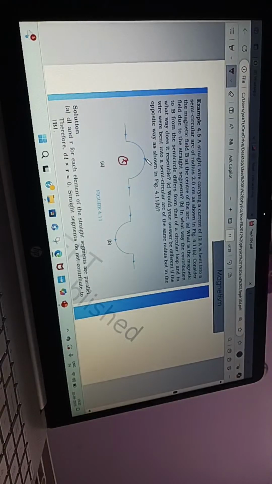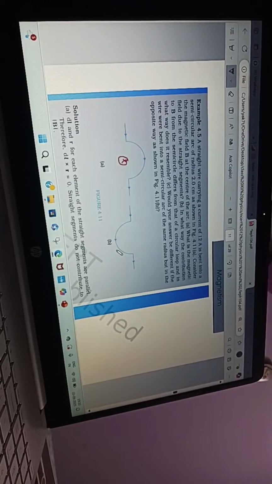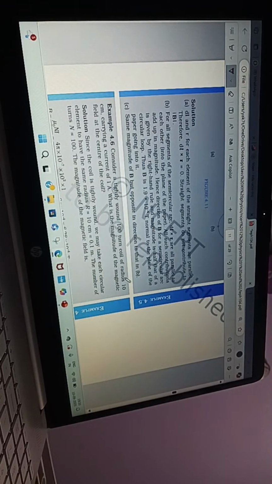You see which side it is coming towards you and going inside. Here you apply it, put the right thumb that side and encircle the fingers. Inside or outside? Outside, sir. The magnetic field is coming outside. Both sides outside, sir. Now read the answer. You are not understanding.